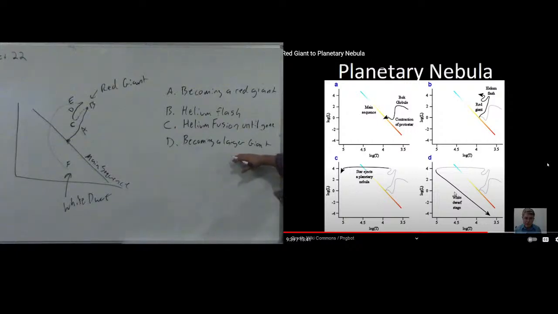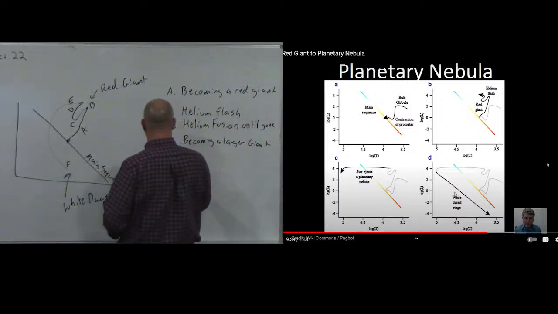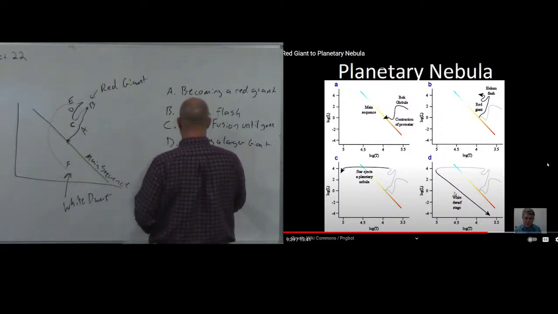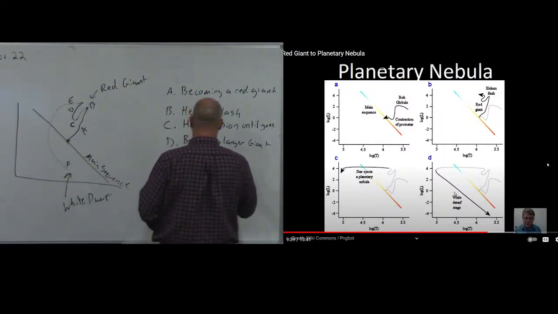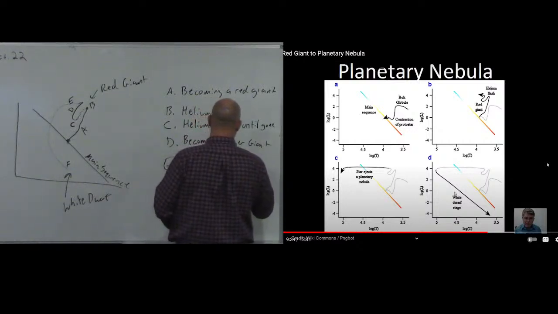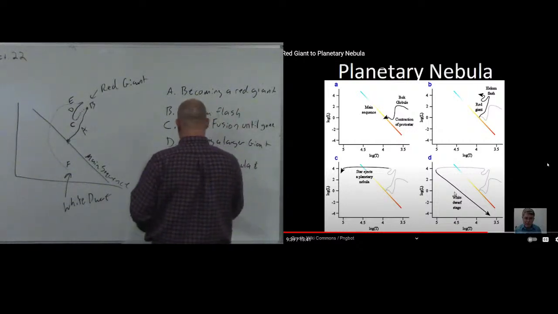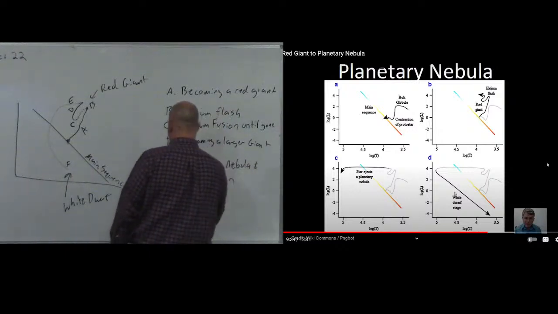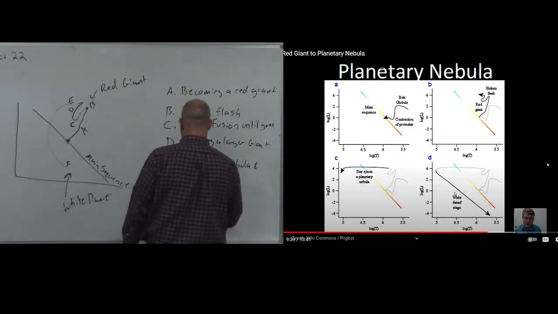We begin igniting other layers of hydrogen fusion, and so it begins to press up. And then when we get to this E, you know, we're looking at planetary nebula. And maybe a transition. And then when you get to F, you're looking at a white dwarf.